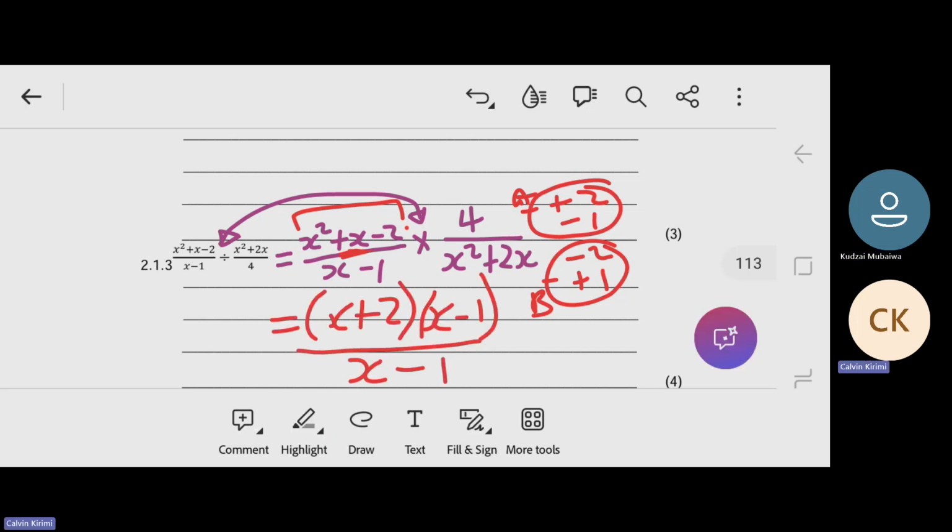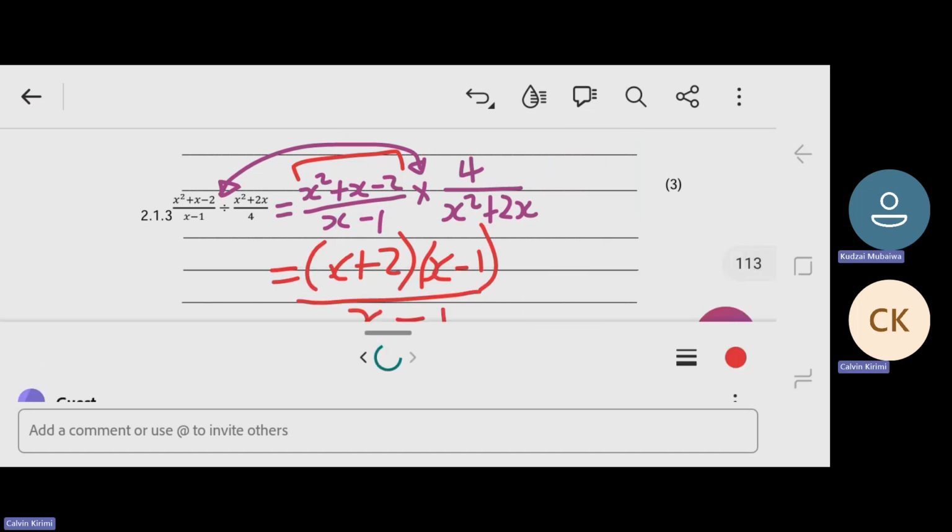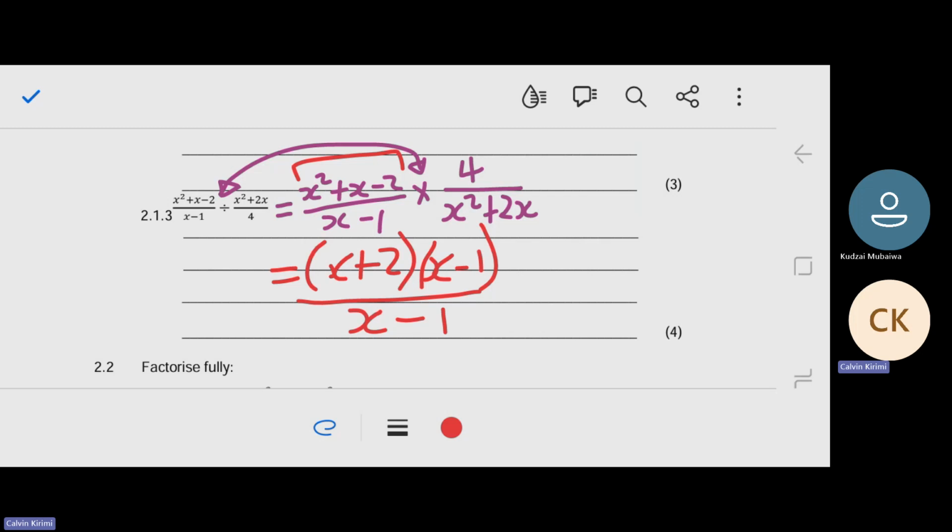Then we are not done. We have to multiply again by the other side, by 4 over x squared plus 2x.